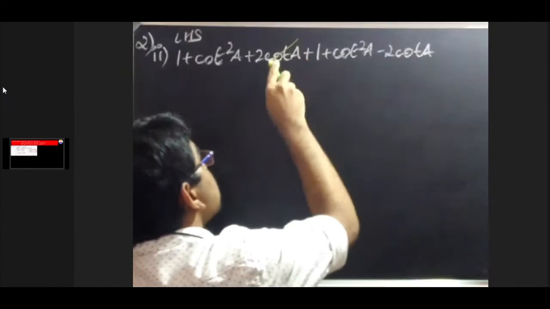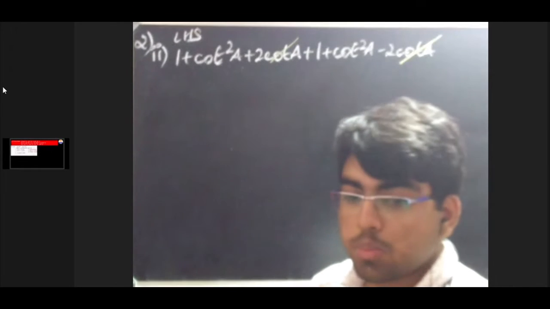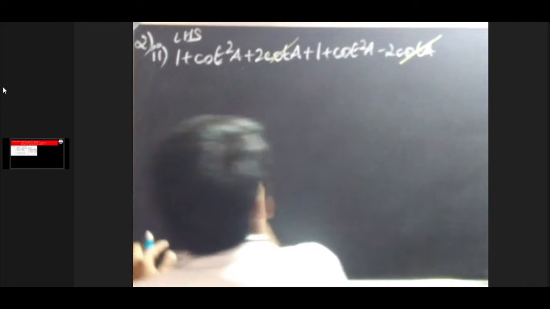Plus 2 cot A minus 2 cot A gets cancelled, and then we will add up these two.